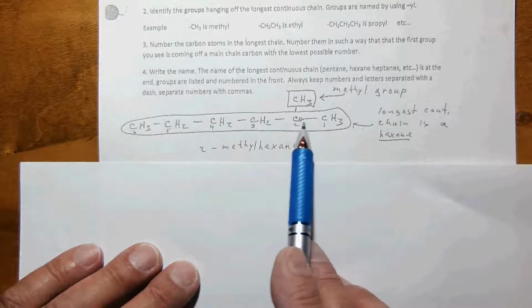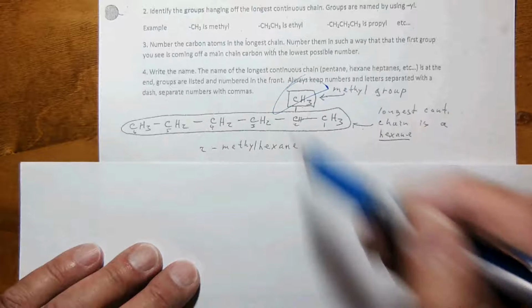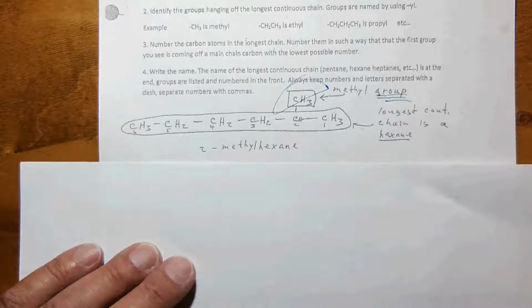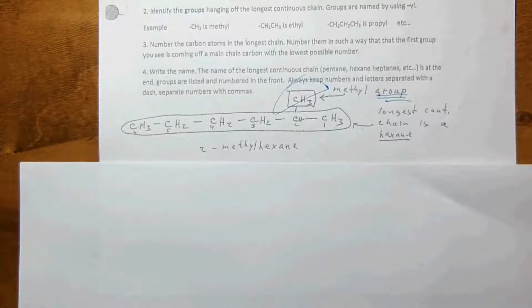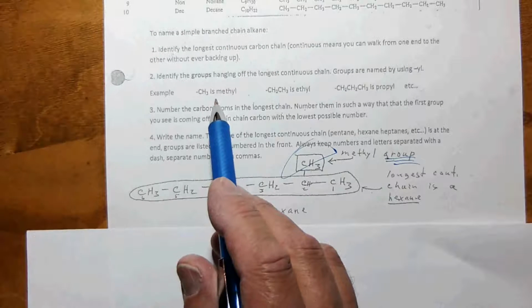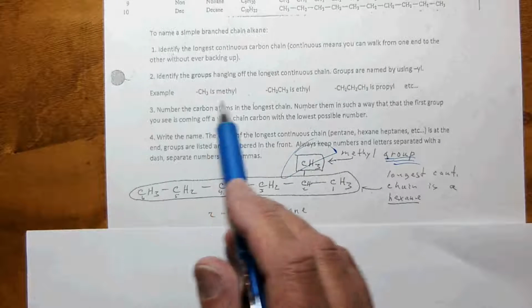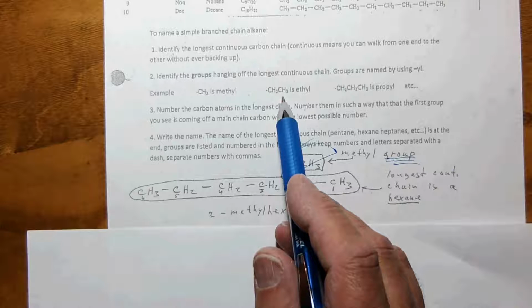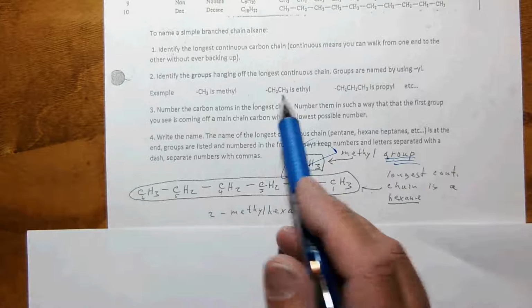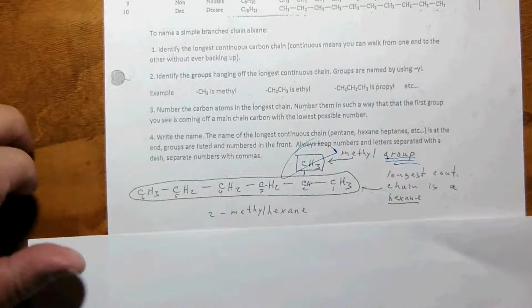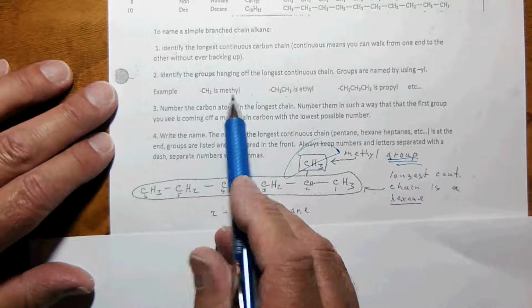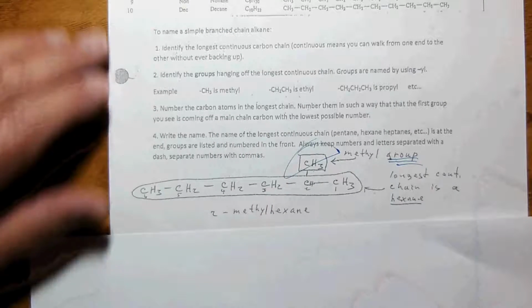If you have the longest continuous chain and you have something else, that something else is referred to as a group. A 1 carbon group is a methyl group. A 2 carbon group is an ethyl group, etc., etc. But the most you'd ever have to worry about in this class is either methyl or ethyl.